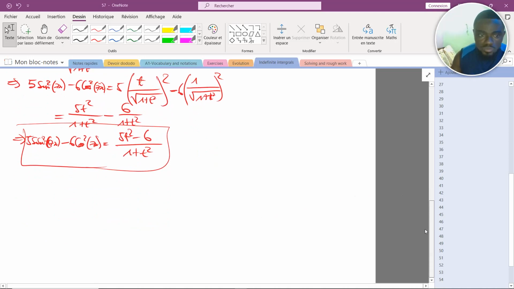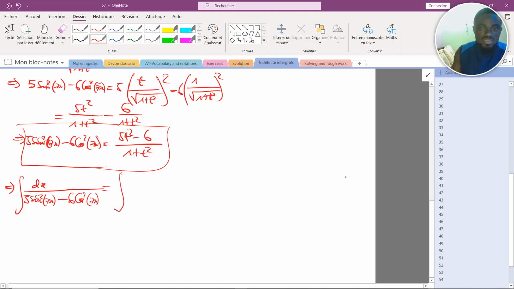So this implies the integral of dx all over 5 sine square 7x minus 6 cos square 7x will be equal to, I'll substitute everything.